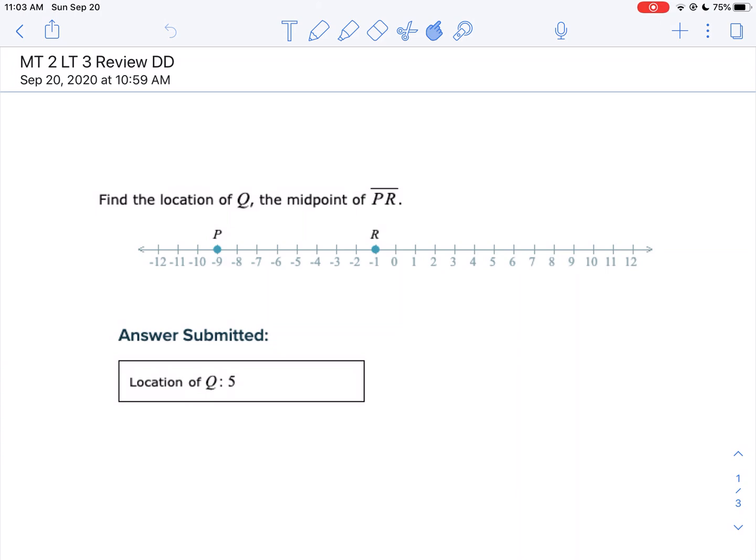For example, on this first problem, you want to find the midpoint of P to R. So to find the midpoint, we add up our 2 points and divide by 2.